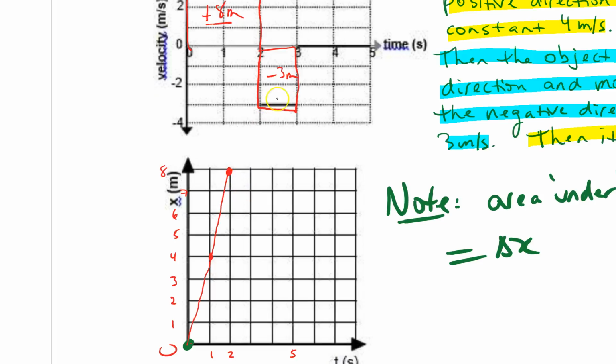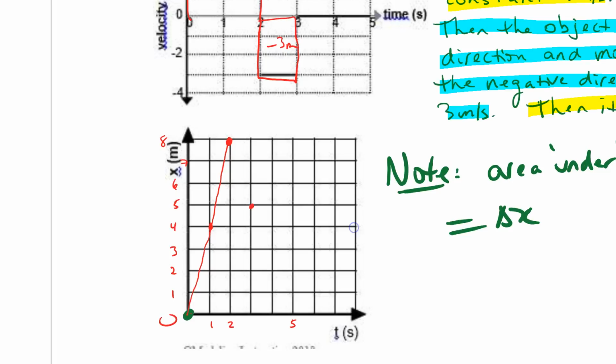So if I started from 0 and the change was plus 8, I went to 8. And now from 8, the change is minus 3. So I'm going to go down 1, 2, 3. And at 3 seconds, I'll be here. So I go from here down to there. Okay, it's too bad the time axes don't line up. Now I'm going to be motionless, so I just go like this.